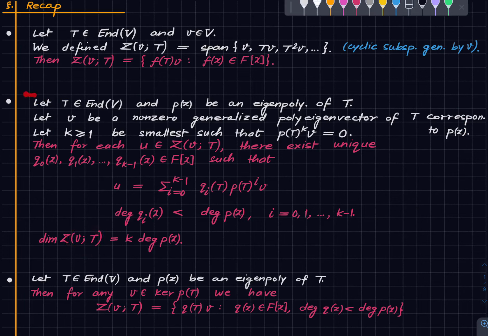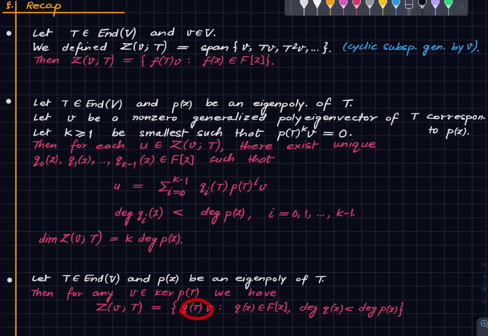We don't really need to know the theorem, we just need to know a very simple consequence of it, which is that if we have an endomorphism T on a vector space V and P(x) is an eigenpolynomial of T, then for any vector in the kernel of P(T), so we do not need to consider generalized eigenvectors for this particular bullet point, just any eigenvector v corresponding to the eigenpolynomial P(x), the cyclic subspace of V generated by this vector v is this thing.